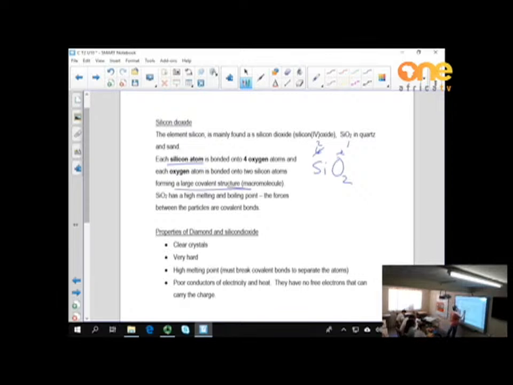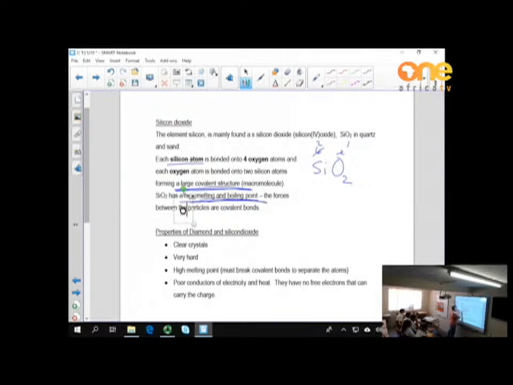So we have a large covalent structure molecule. It will have a high melting and boiling point. It will be a very hard solid. Will it conduct electricity? Confusing it is that silicon itself is a semi-conducting material. So probably, I'm not perfectly sure whether silicon dioxide does conduct or does not.